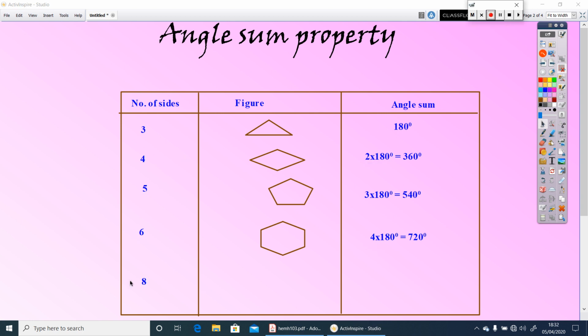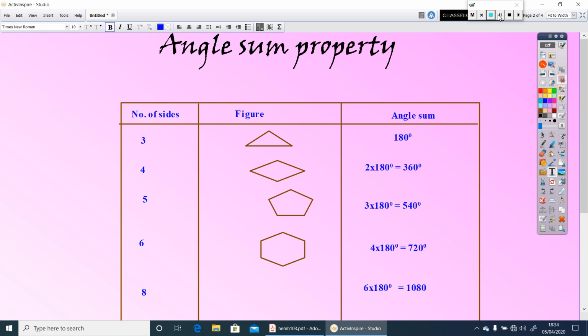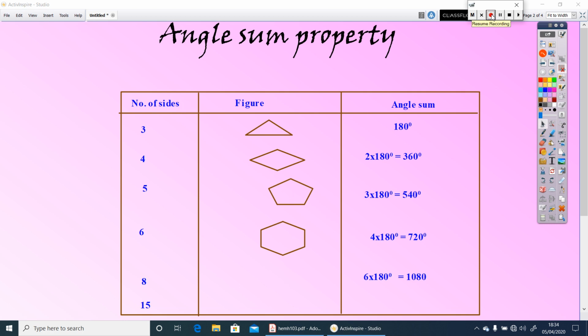Then can you say, if the number of sides is 8, how will you find out the sum of the angles? Yes, here 6 into 180, that is 1080 degree. Now if the number of sides is 15, how will you find out?